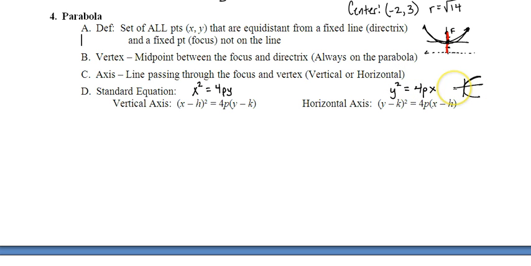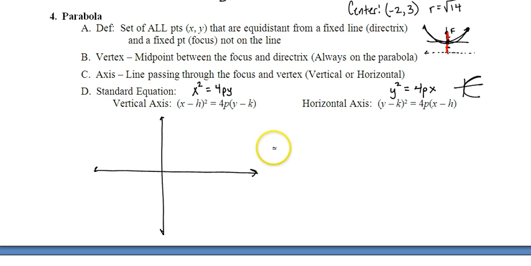So in this situation, if we have a vertical axis, which means we have x squared, I'm going to just draw the picture at the origin, which isn't always going to happen. But obviously your vertex will be here if it is at the origin. And it can open up or down. We'll make it open up.